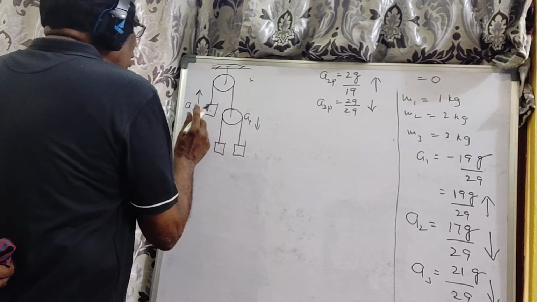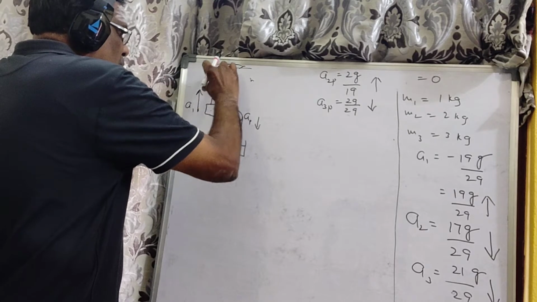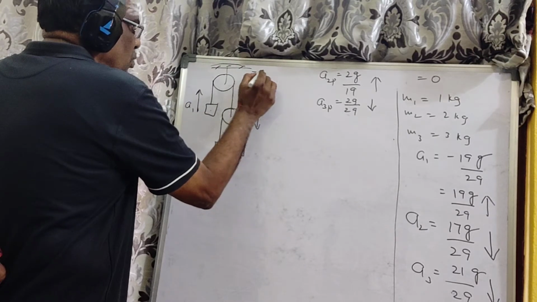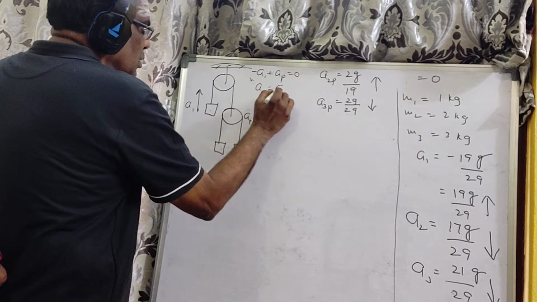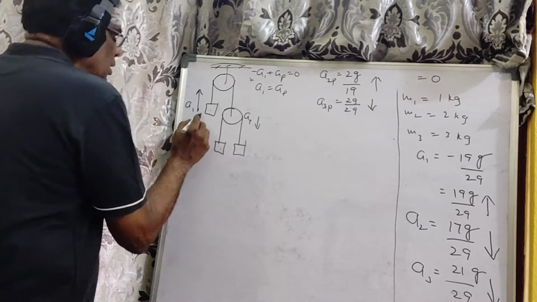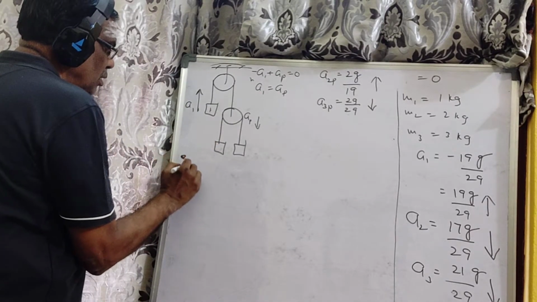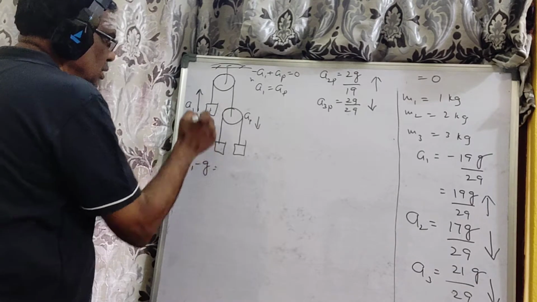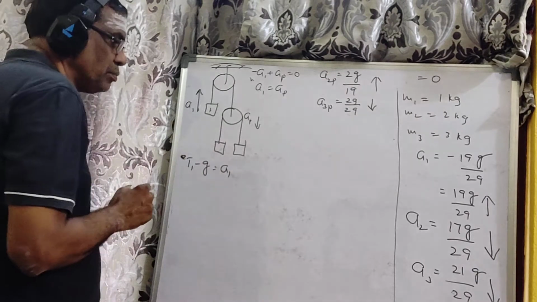And I know that for this rope there is no fixed pulley. So I've got minus A1 plus AP is equal to 0. Therefore A1 is equal to AP. Okay, fine. How do you write the equation if this is 1? T1 minus G is equal to 1 into A1, this one.